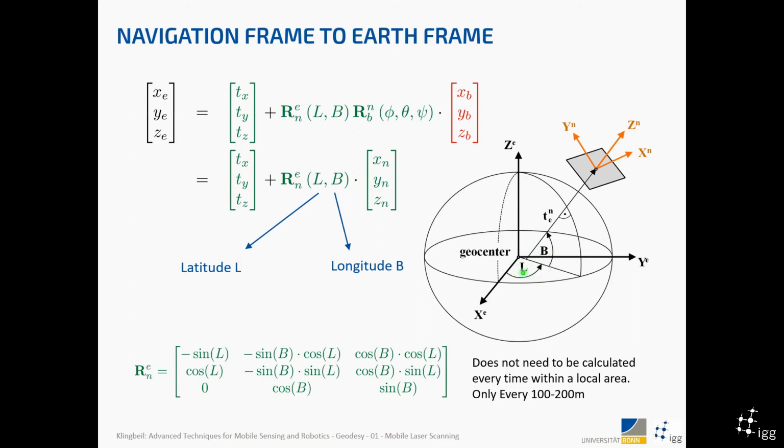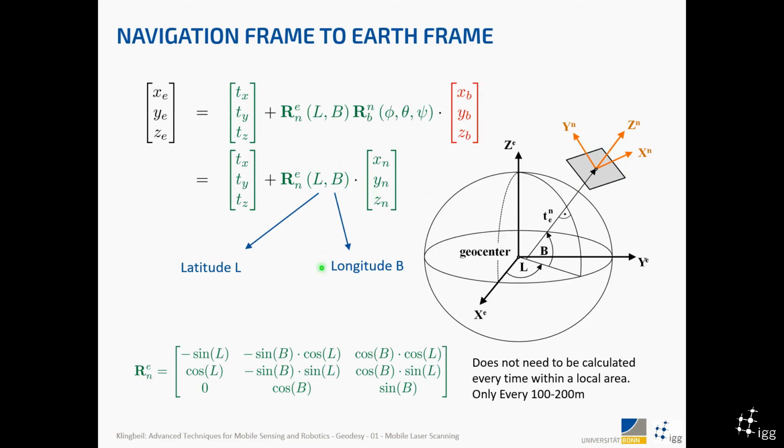So this angle here is the latitude, right, the angle in the equatorial plane between the x-axis and where we are, and then the longitude is the angle which goes from here up to here. And those two angles are the only parameters which define the rotation matrix between navigation and Earth frame.